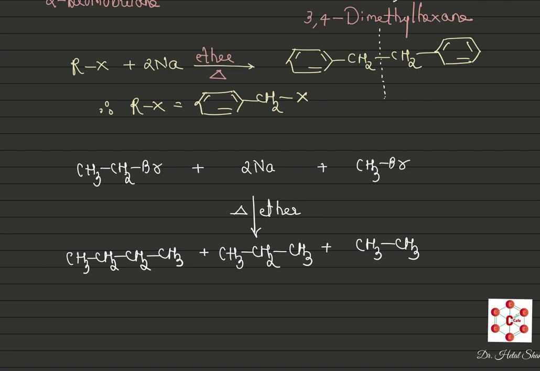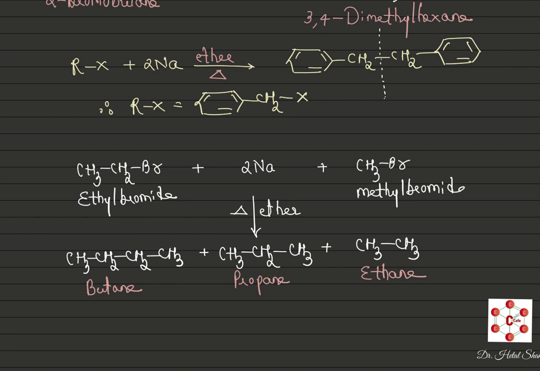So here you are getting 3 products: butane, propane and ethane. This is ethyl bromide and this is methyl bromide. So while one is ethyl bromide, the other is methyl bromide, and you end up getting 3 products.